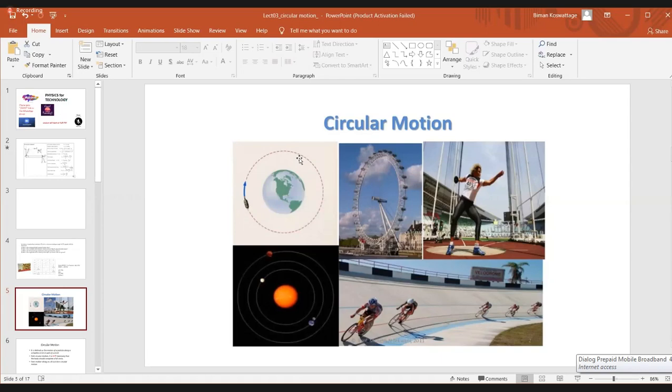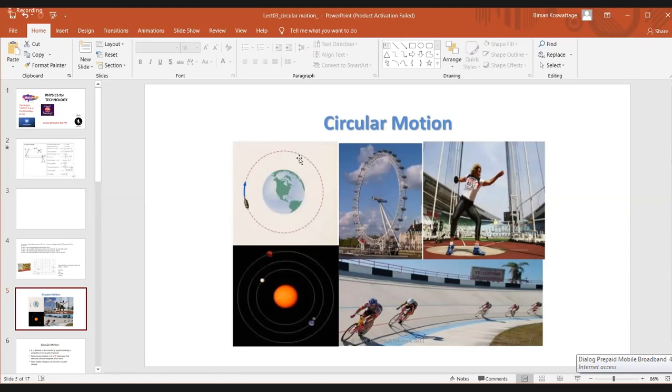Also a car turning through a curve in a racetrack, or an electron moving perpendicular to a uniform magnetic field. So those are all circular motions. It's not necessary that the body should complete a full circle. Please do remember that.